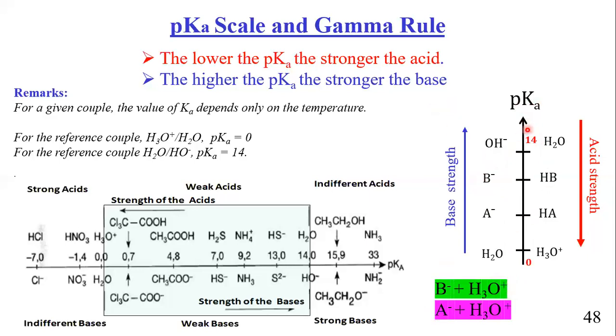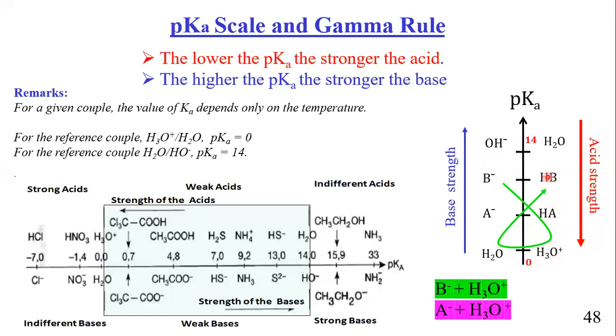Of course, that's exactly what this gamma rule is going to tell me. It's going to tell me that B minus will react first because it's above A minus. So B minus will react with H3O plus, B minus being the acceptor of H plus and H3O plus the donor of H plus, and we go in the gamma direction. Now, does the opposite direction occur?